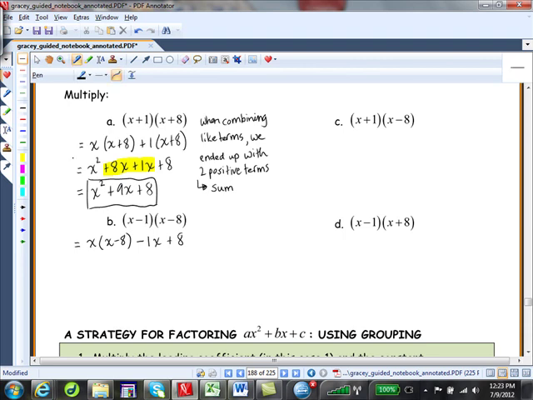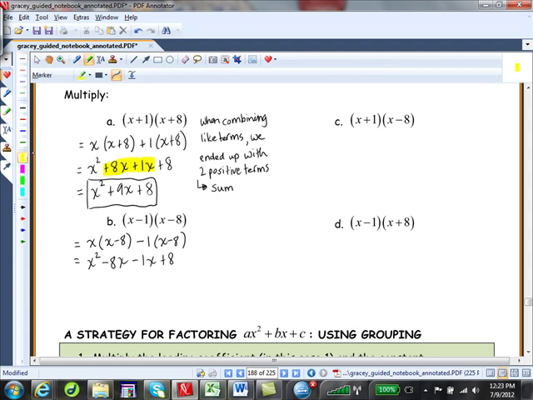Oh, I apologize, I'm getting ahead of myself. I wanted to show you in a certain way. So minus 1 times the quantity x minus 8, and then in the next step I will do the distributions. So we get x squared minus 8x minus 1x and then plus 8.